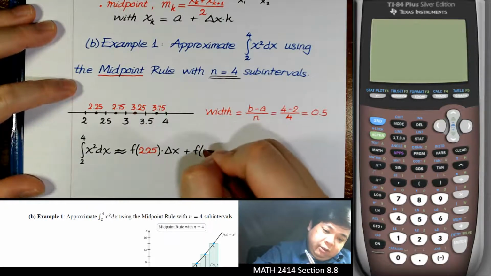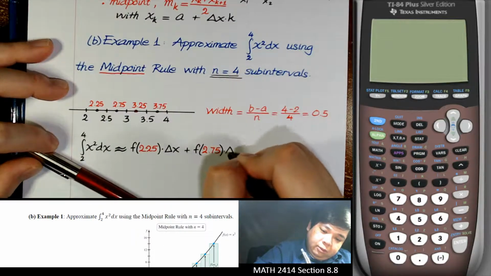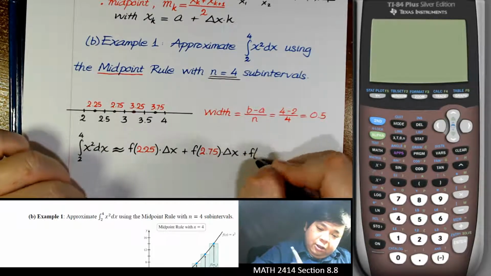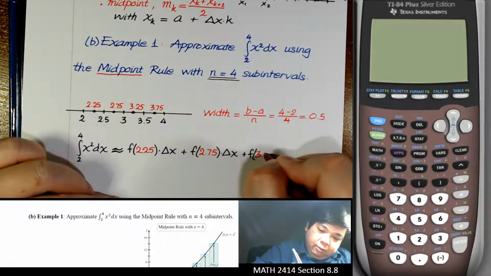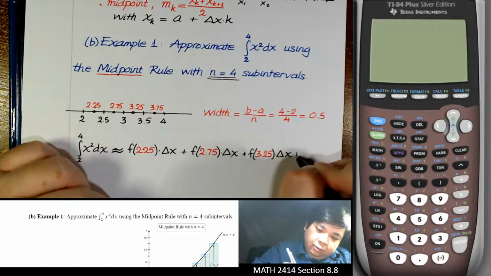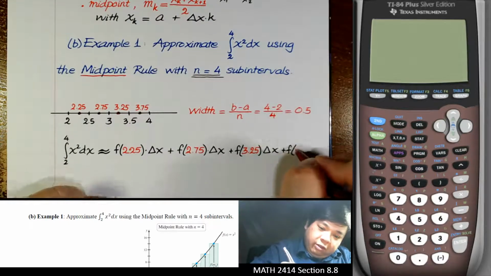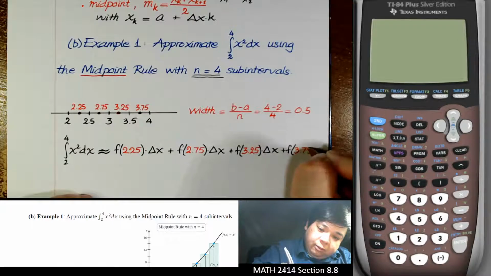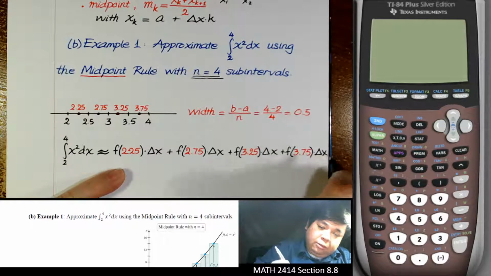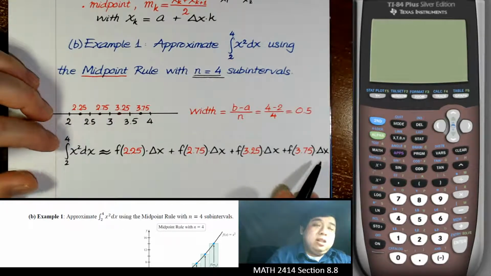Then 2.75, 3.25, and 3.75. Right, and we can just factor out the delta x.